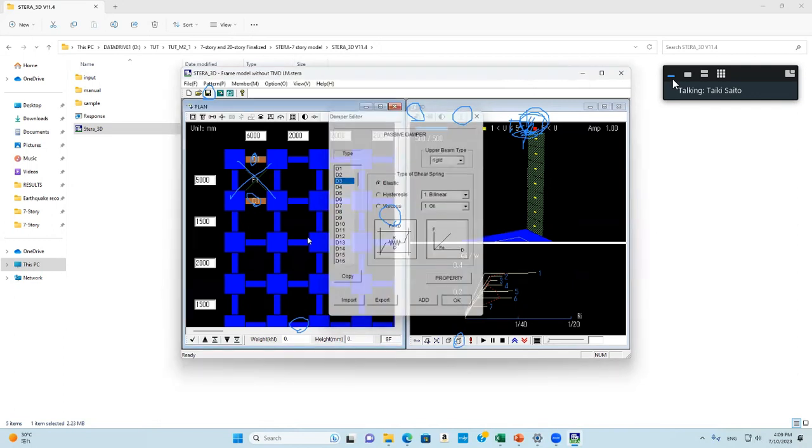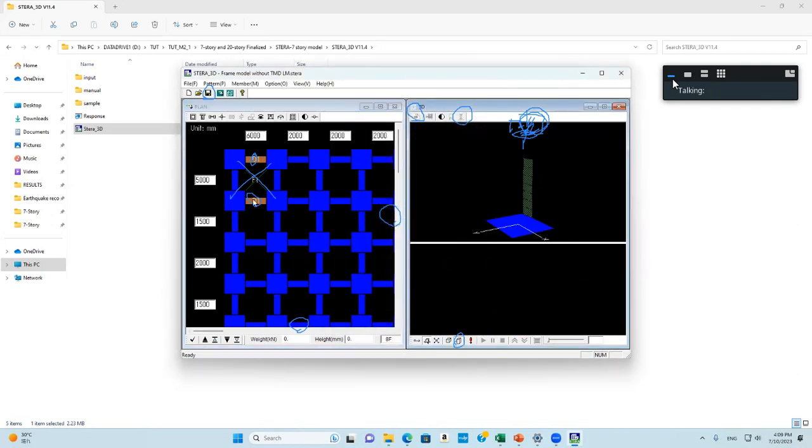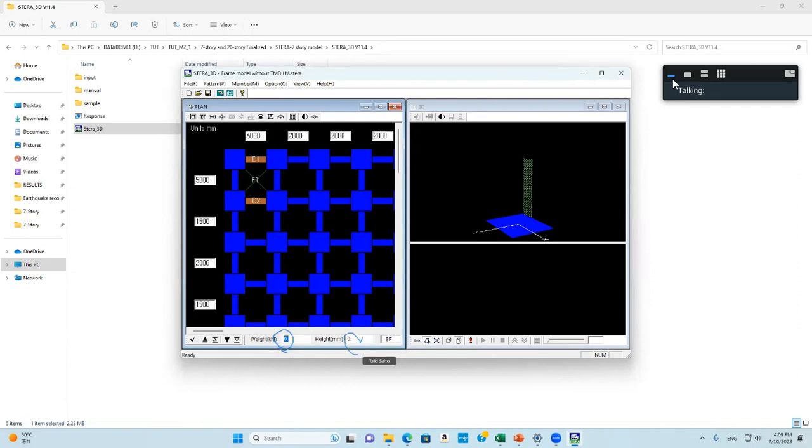Okay, this must be D2, right? Yes, sorry. And you must also input weight and height. Could you go down one story?